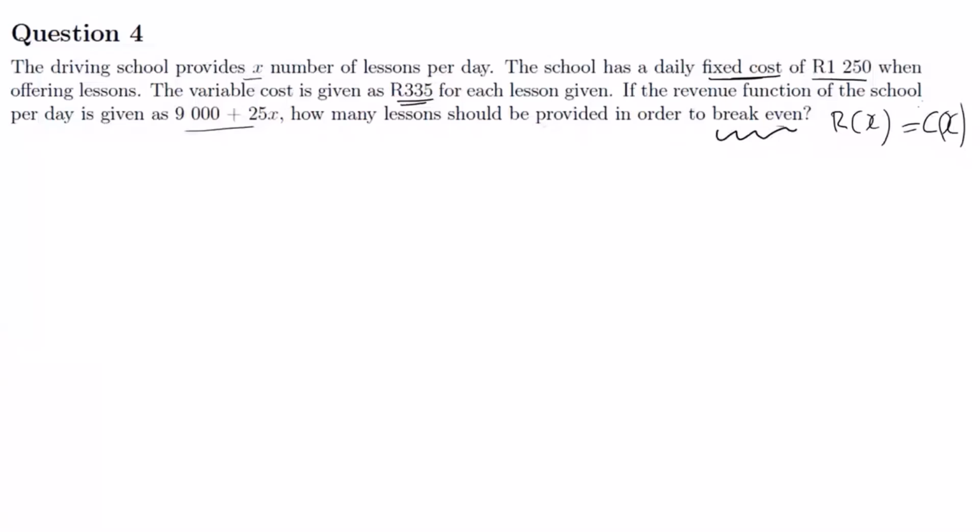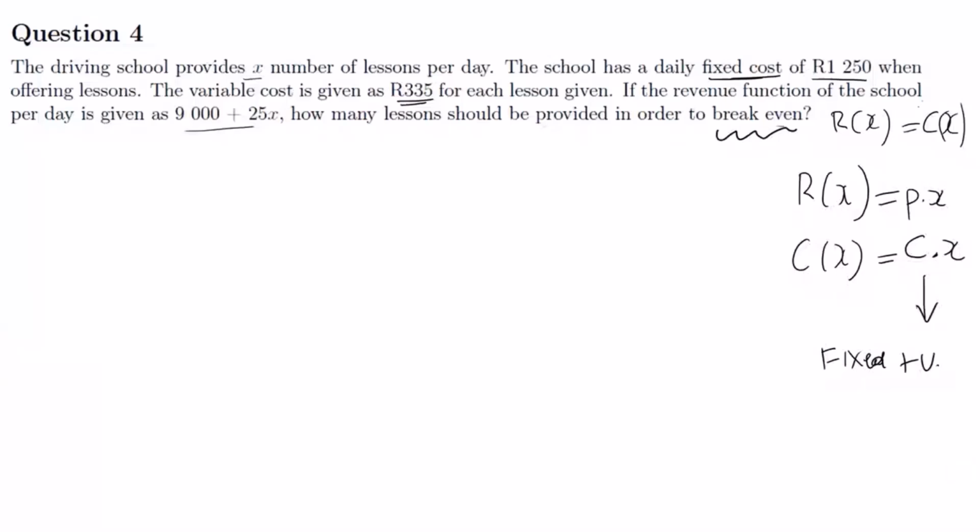So now you need to understand, I need to have my revenue function, and my revenue function is always price multiplied by X. And also we know the cost function is my cost multiplied by X, and a cost function is a fixed cost plus variable cost.